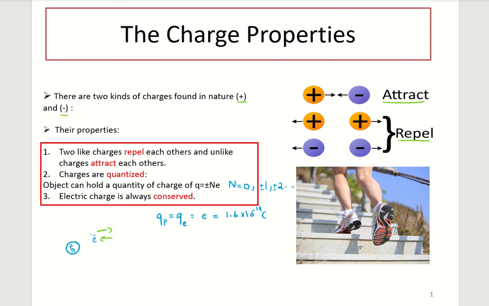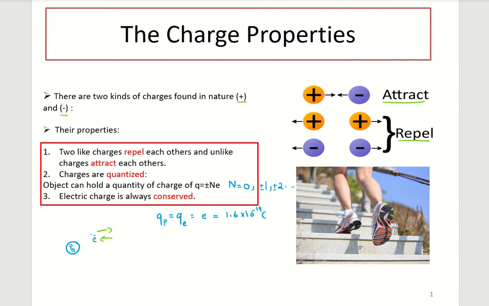So if I have an object that gained a charge, this charge came from somewhere, from another object that lost this charge. And if an object loses a charge, this charge will go somewhere else. It will not disappear. So this is the meaning of conservation of charges. This is regarding the properties of charges.